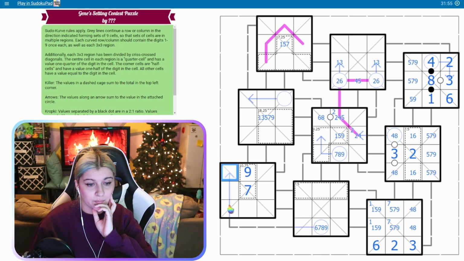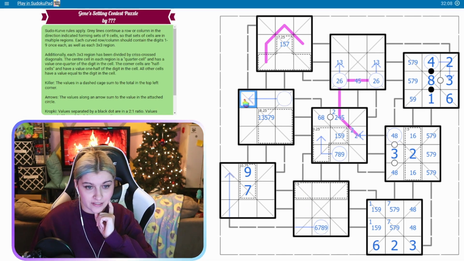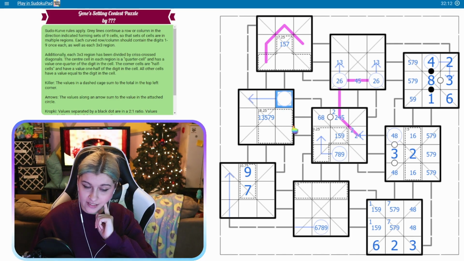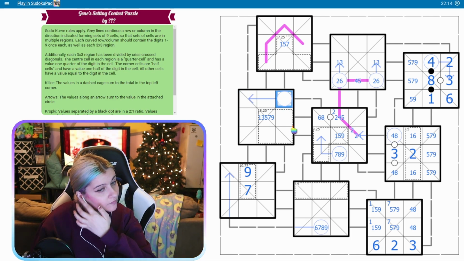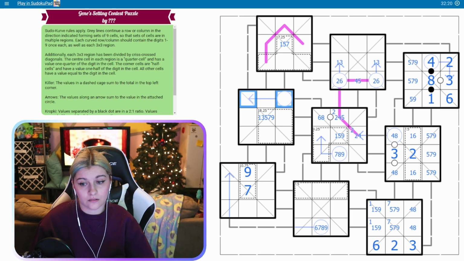How can I mark or remember that I need an even number of these to be odd? This can be odd if this is odd. But if this is even, this needs to be even. So these are the same. And it doesn't really matter what that is.